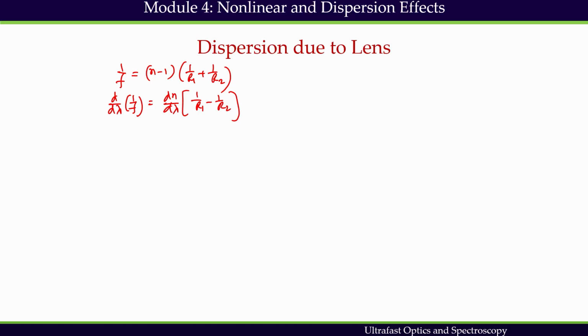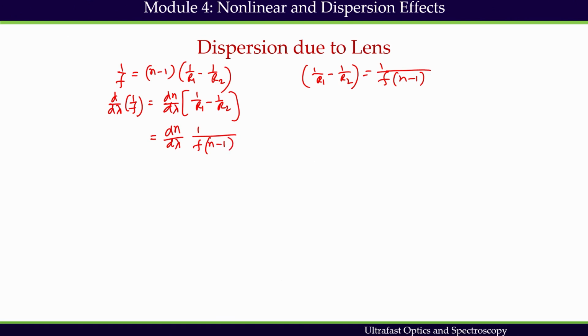And we also know that 1/R1 plus 1/R2 can be written as 1/f multiplied by (n minus 1). So I can replace this here: dn/d lambda multiplied by 1/f (n minus 1).